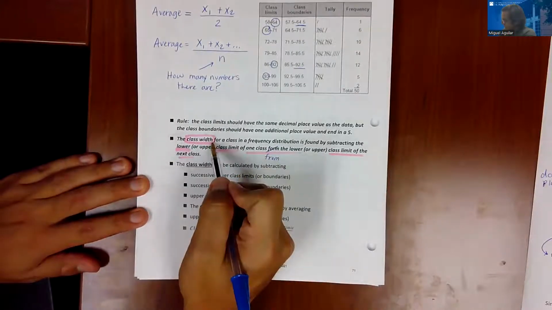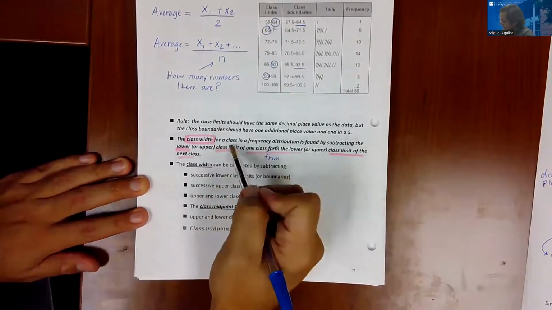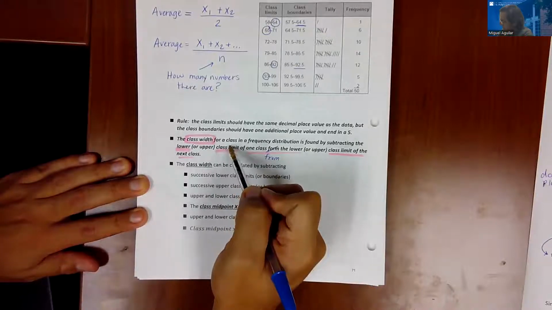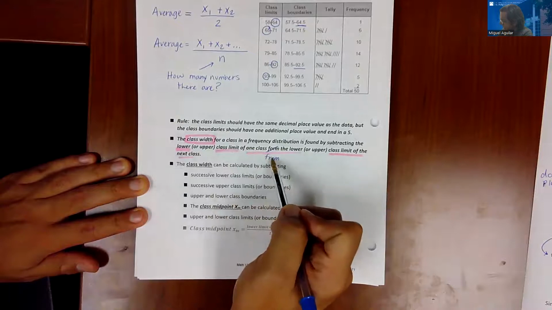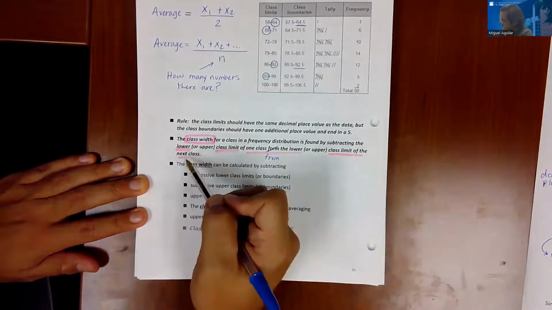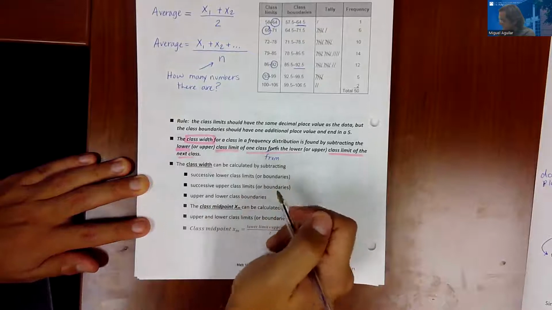Class width, sort of a new concept here. So we're going to take the lower class limit of one class from the lower class limit of the next class. There's a couple of ways that you can calculate this.